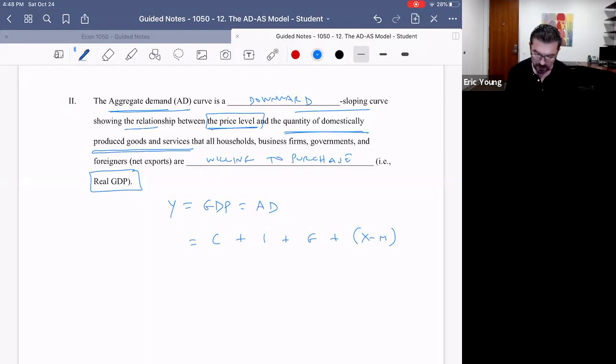You take those four components, and that explains how we put together households, firms, governments, and foreigners in our definition. So the AD curve simply shows the amount of real GDP that will generate at any given price level.